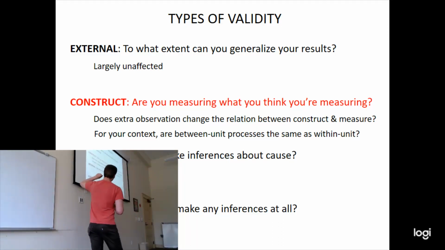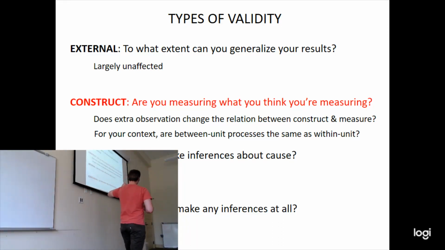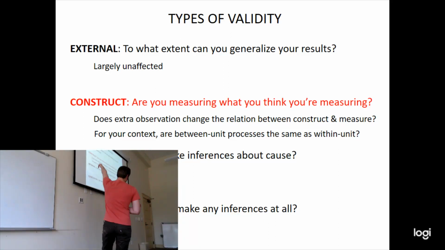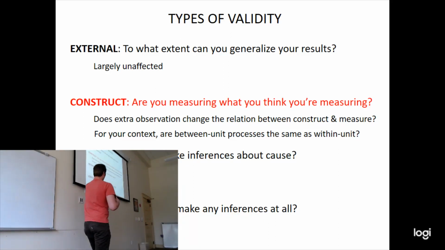One is, does extra observation change the relationship between construct and measure? That's that concept I was talking about, how maybe my ratings after rating 3 grants might not be as closely tied to what I actually think about the grants, just because I'm tired. And then there's the second question that you all hit on too, which is, are you sure that the processes that occur between people are the same as the processes that occur within people?